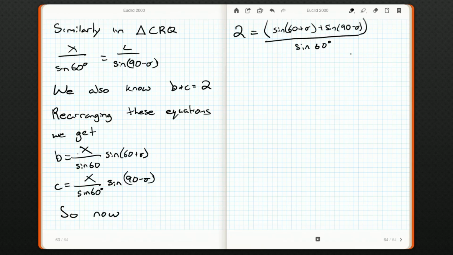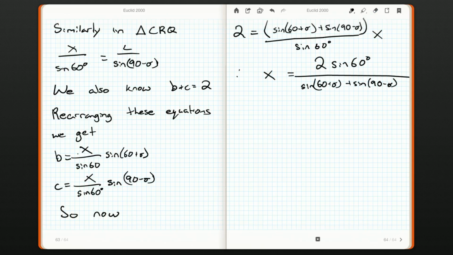I'm going to leave this in as long as possible, see if the 60 actually matters, times x. Okay? So that means x is equal to, we flip this and multiply by 2, 2 sine 60 degrees over sine 60 plus sigma plus sine 90 minus sigma.